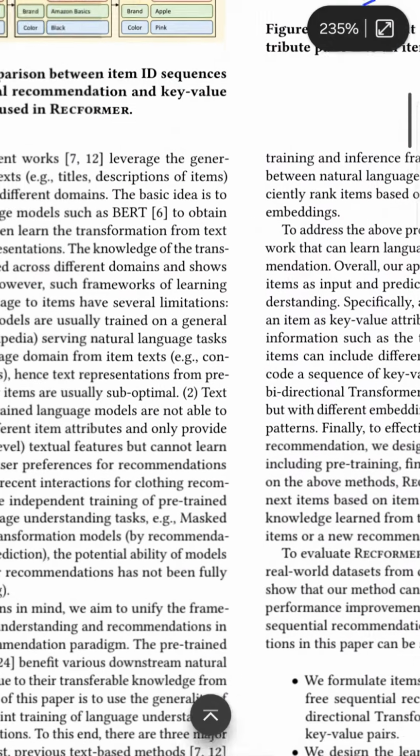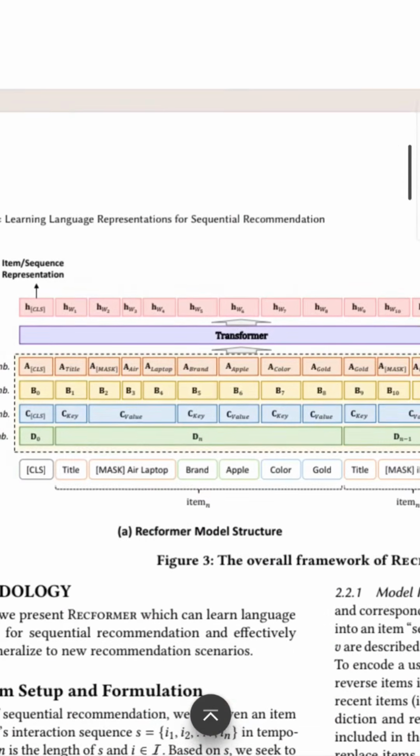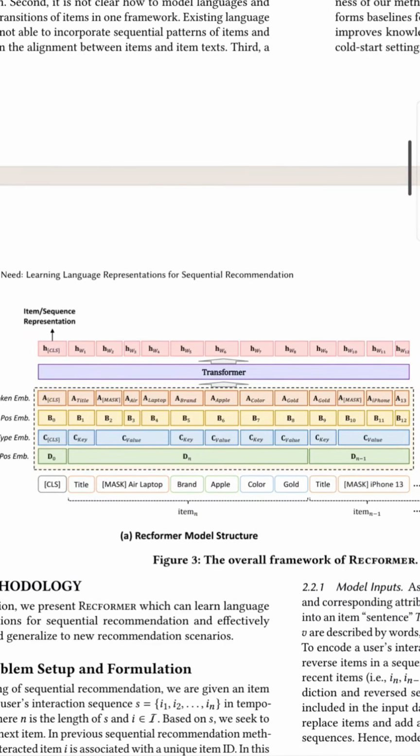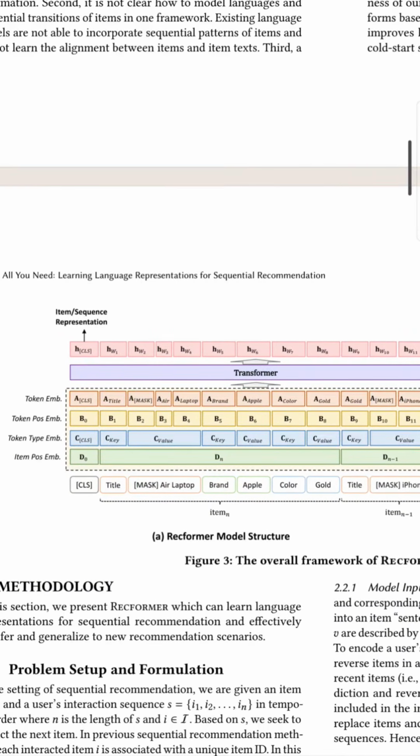Let us look at a very quick idea of how the embeddings are generated from the input to the transformer architecture. Here we have the item position embedding: the starting token sequence, then the last item in the sequence, then the second last item. For the token types, it denotes whether it's a starting token, a key token, or a value token.